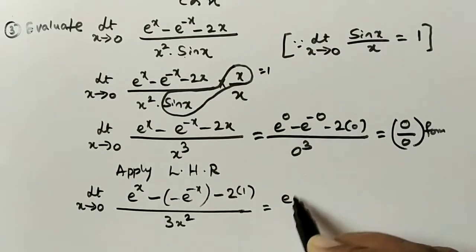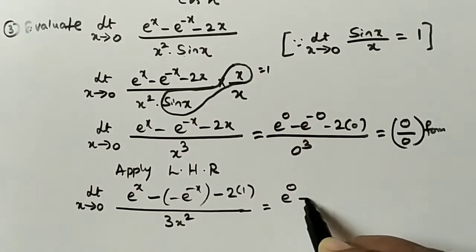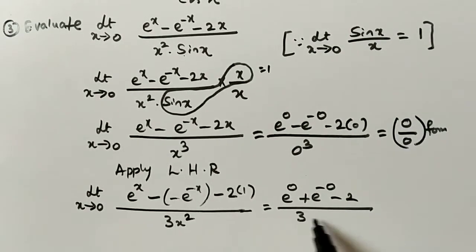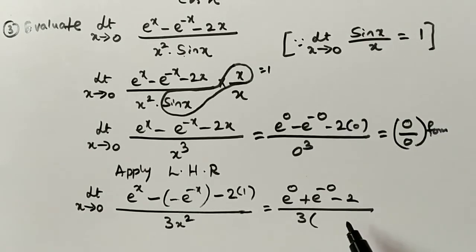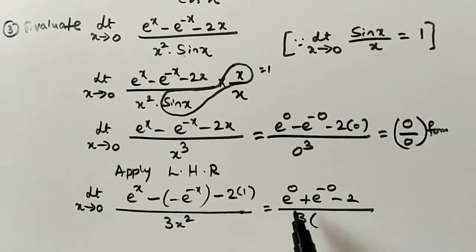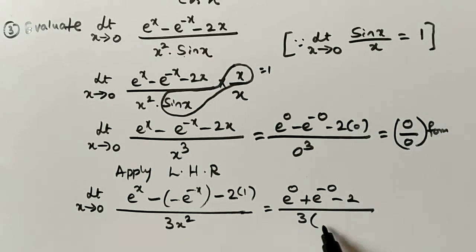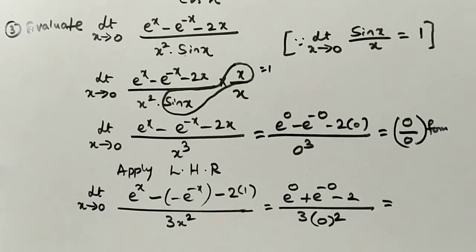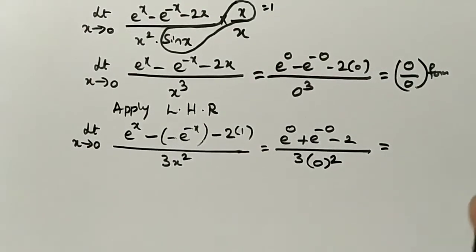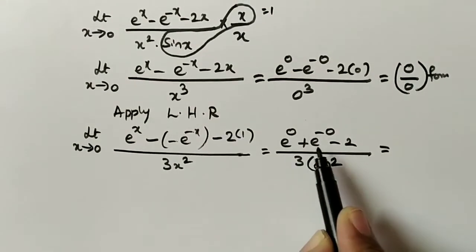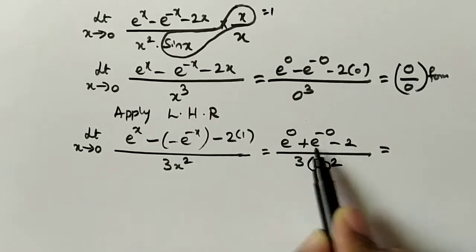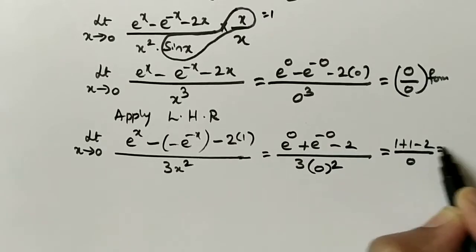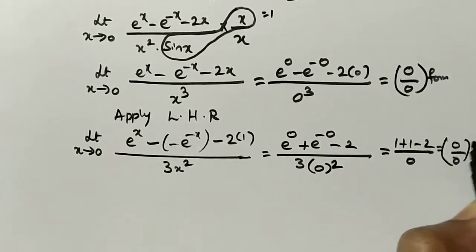So e power 0 plus e power minus 0 minus 2, divided by 3 into 0 square. That is e power 0 is 1 plus e power minus 0 is 1, so 1 plus 1 becomes 2, and 2 minus 2 becomes 0 by 0 form.